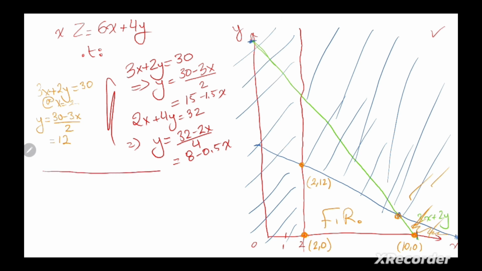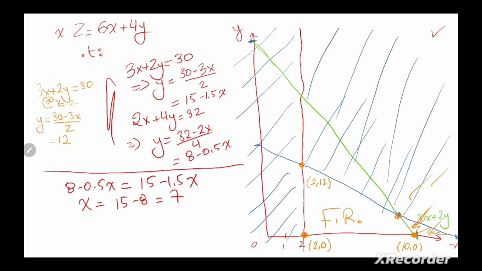So 8 minus 0.5x is equal to 15 minus 1.5x. So we get, let's take the 1.5x to this side and the 8 to the other side. We get x is equal to 15 minus 8, which is 7.